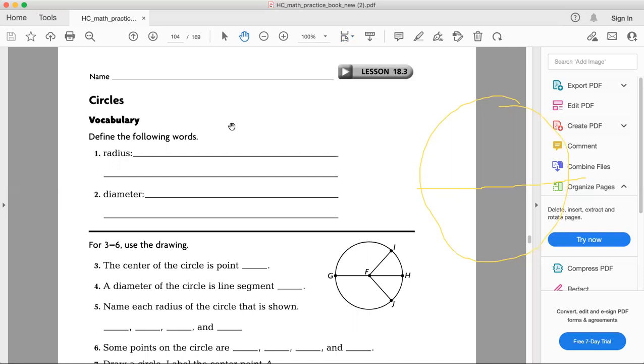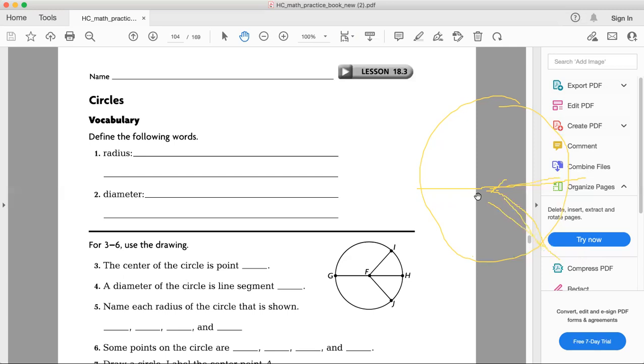This is not a radius, better. This is a diameter. The distance between the center and the circumference of a circle is called the diameter. Tell me Tuhin. Ma'am, this portion. Yes, that is a radius.